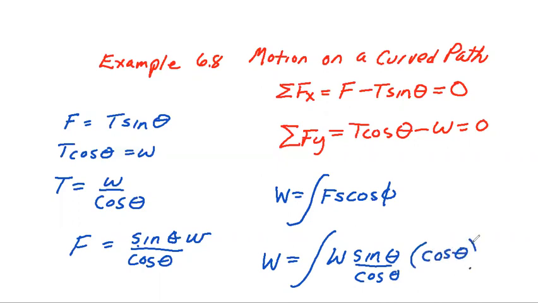And then the distance he goes is going to be the arc length, the radius times d theta, and this is in radians. We're going to integrate from 0 to theta. Let me pause and clean up my board.